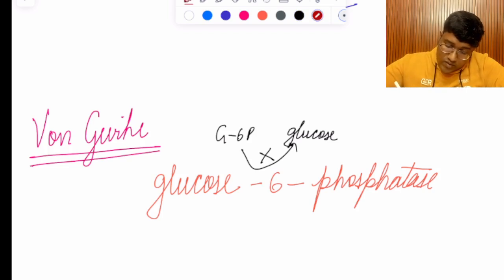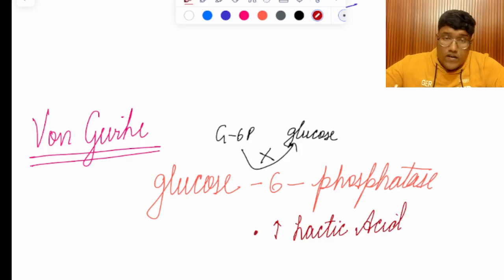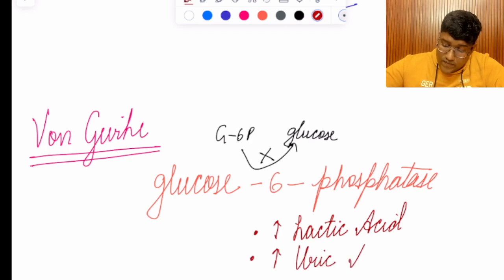First thing to note is that lactic acid is high. It's very important to remember lactic acid is going to be high. And the other factor is uric acid. Uric acid is also going to be high. So lactic acid is high, uric acid is going to be high, and increased triglycerides.